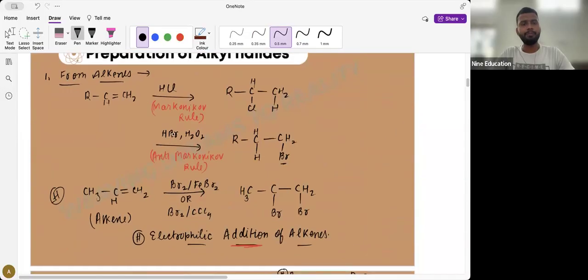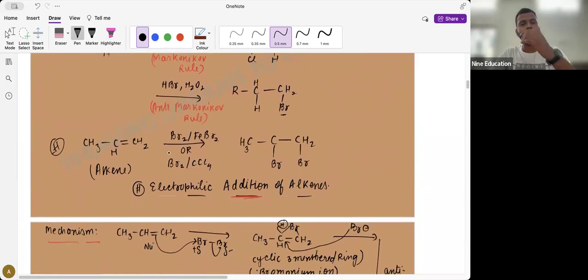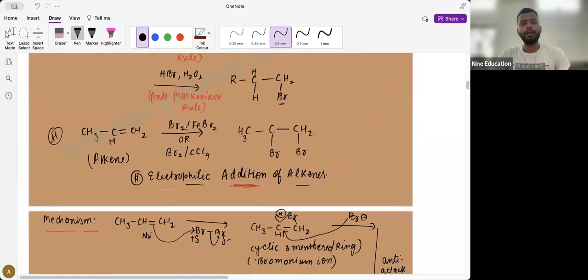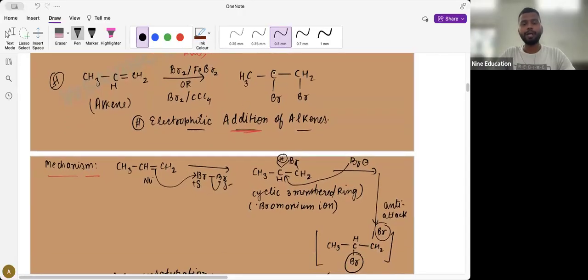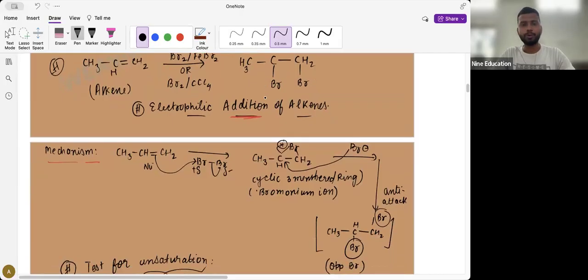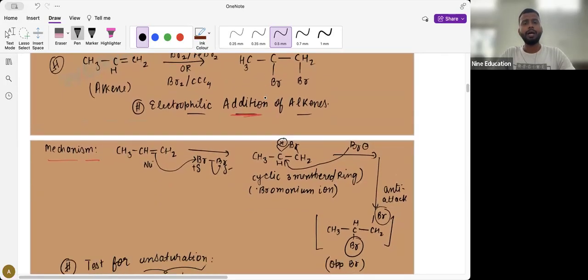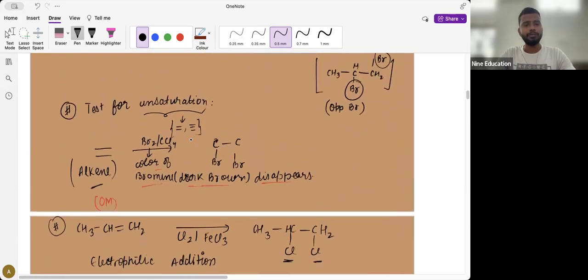From an alkene, I can prepare with HCl, by the Markovnikov rule or anti-Markovnikov rule, or I can do it with Br2 and FeBr3, electrophilic addition on alkenes. Putting the alkene in, we get both the bromines here. This is also the test for unsaturation.